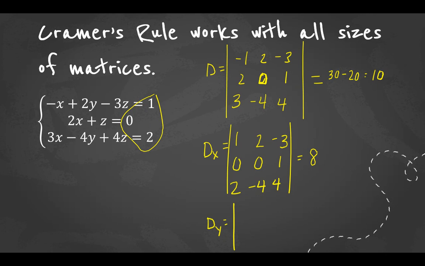Okay, now we're going to create a Y. So we're going to keep all of the coefficients the same, except we're going to take out that middle column and replace it with the 102. So notice I'm going back to that original one and I'm just replacing whichever column. For Y, I'm replacing the second column. For Z, I'll replace the third with that 102. And then we're finding the determinants.